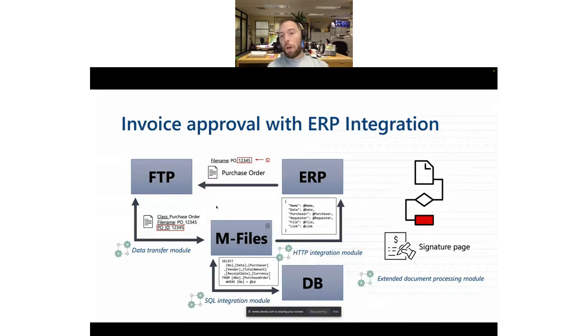And also, when we approve that, so our accounting says, okay, that's fine, we have all the information, everything is approved, then the HTTP integration module will send all this data to the ERP.